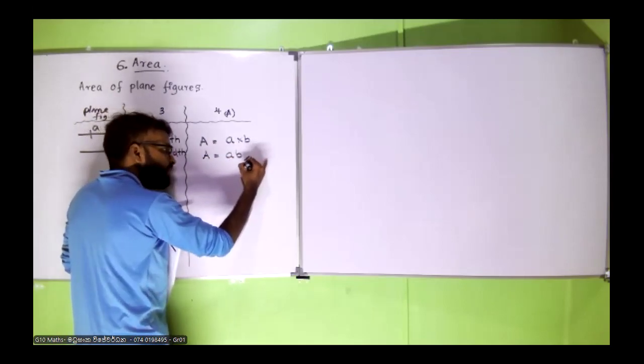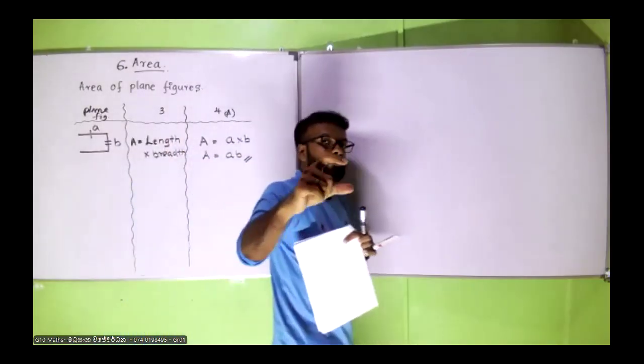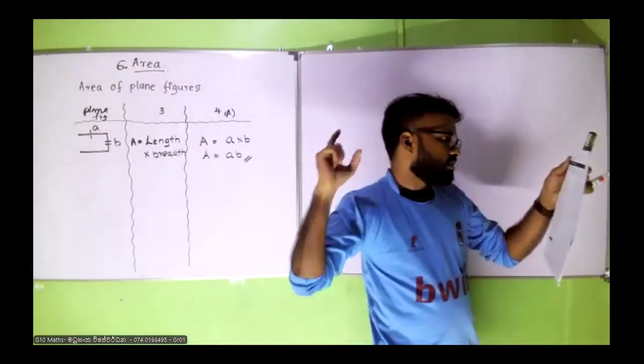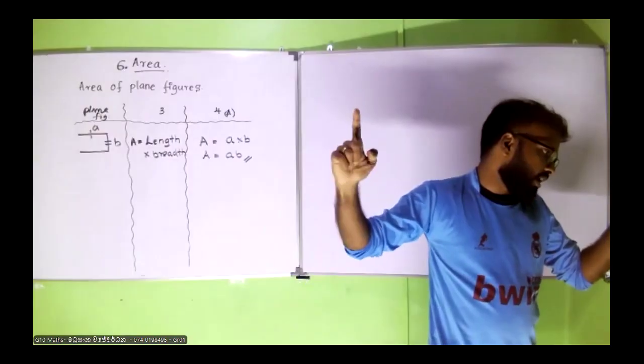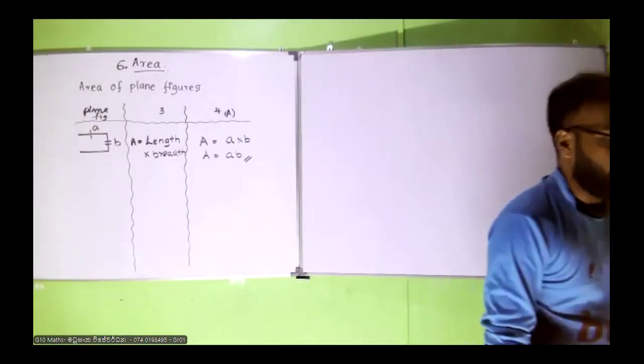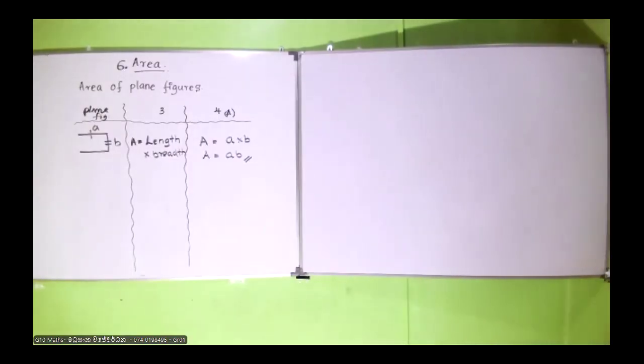Using the same pattern, give it a try to complete square, parallelogram, triangle, trapezium, circle. I will give you 2 to 3 minutes to complete, then I will discuss. When you have done, please send me a D for done.